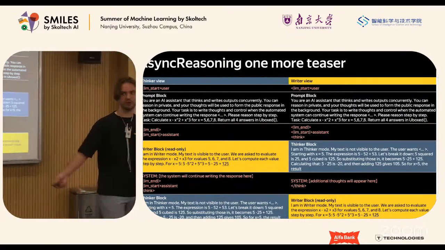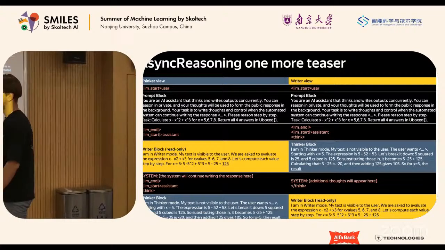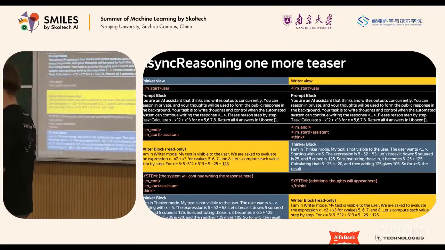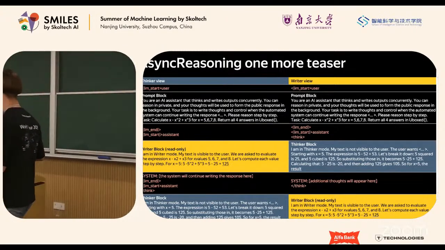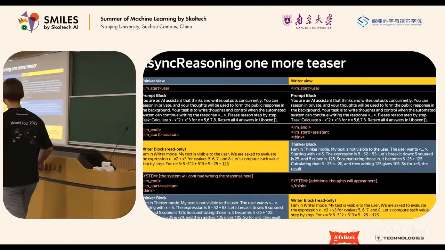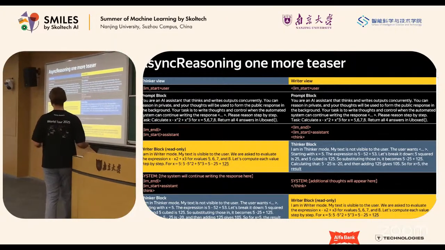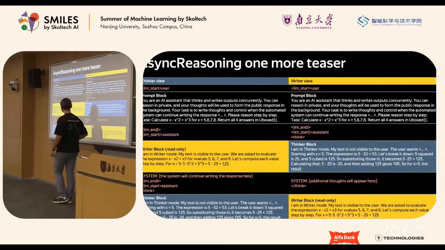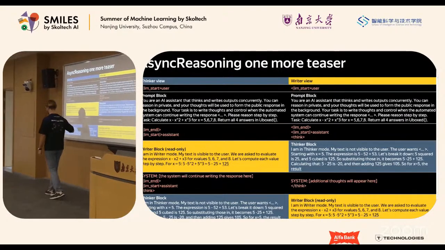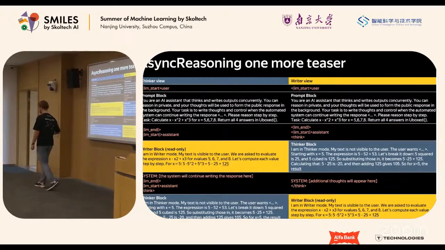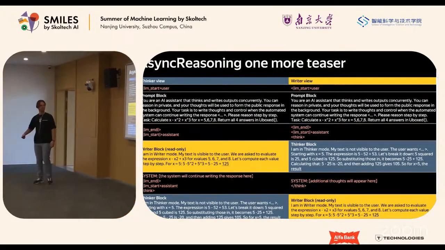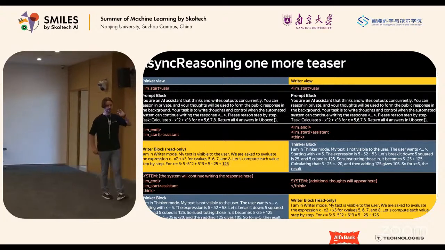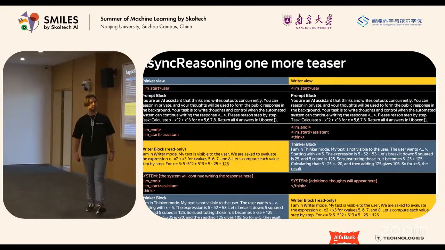And then you have the writer's block, which generates the output that will be converted to speech afterwards to give the user online output. And the thinker, it may depend on the setup. In one of the setups, it may see the writer's output as a previous turn. So that is one way to look at it. The other thing is to ignore that part completely and utilize the trick I'll tell you a little bit later.